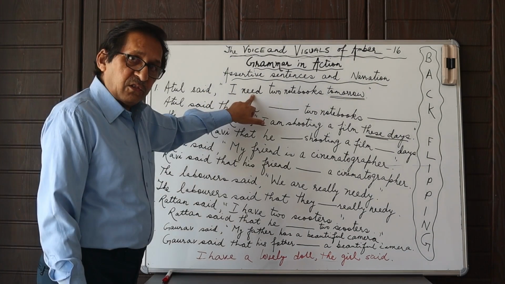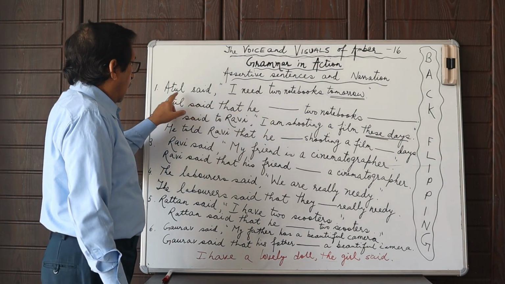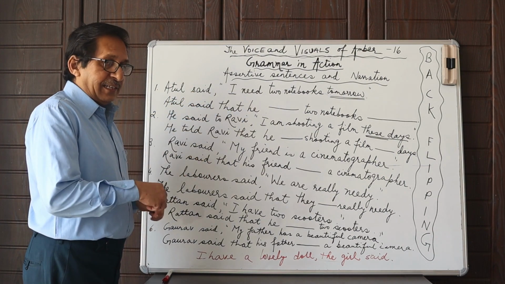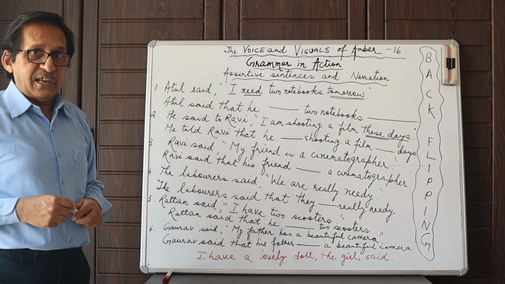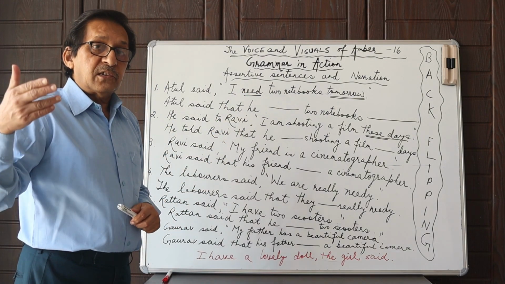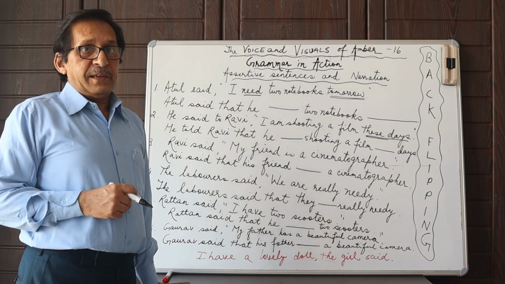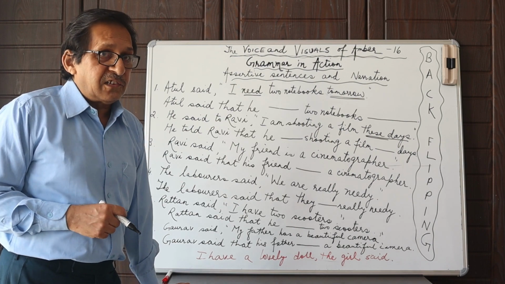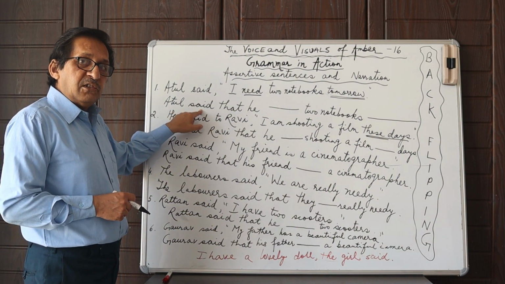So the tense of the reported speech will change. Atul said, I need. So need is simple present tense. It will become simple past tense. Why? In order to maintain the consistency of tense, because this is the reporting or the introducing verb.